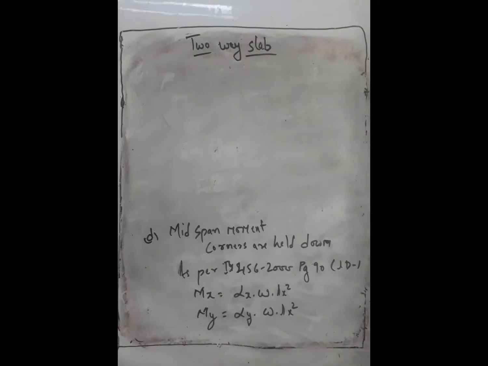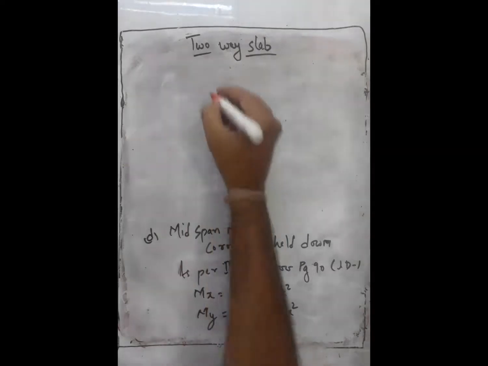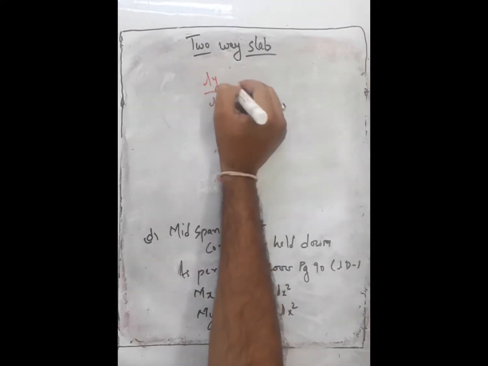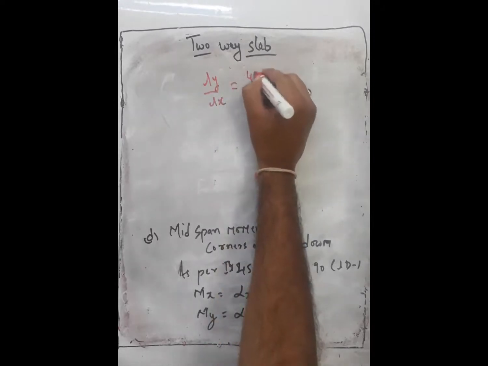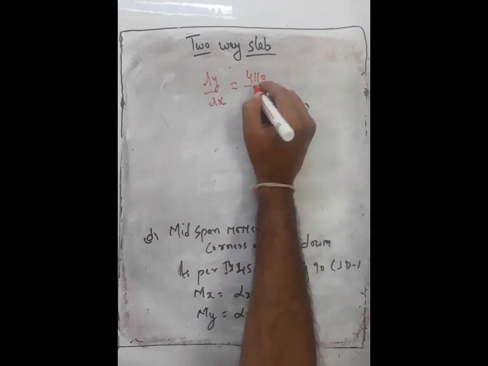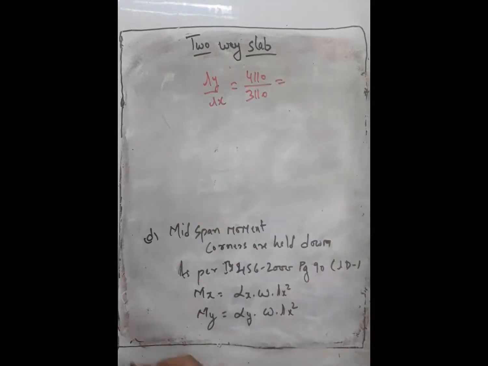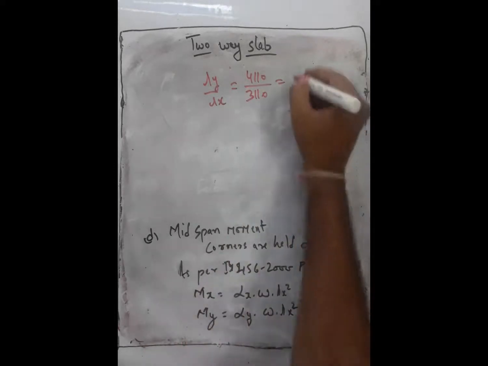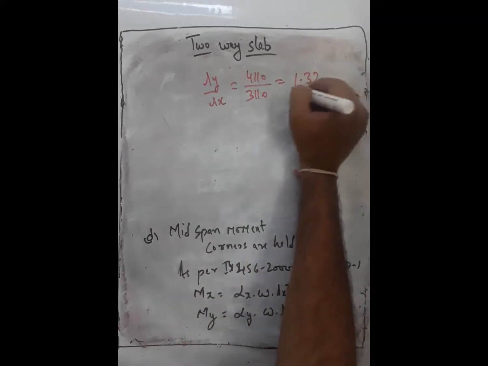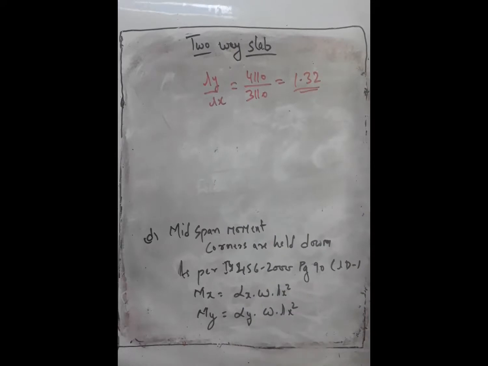So let's first find the Ly by Lx ratio. So Ly is 4110 and Lx is 3110. Okay, so after solving this, you get 1.32 as the Ly by Lx value.